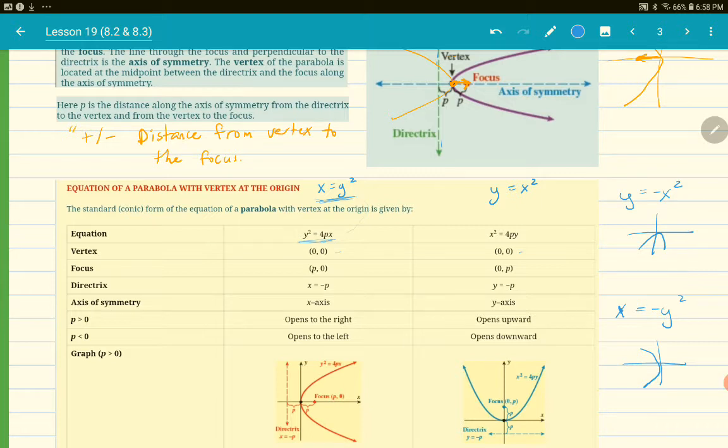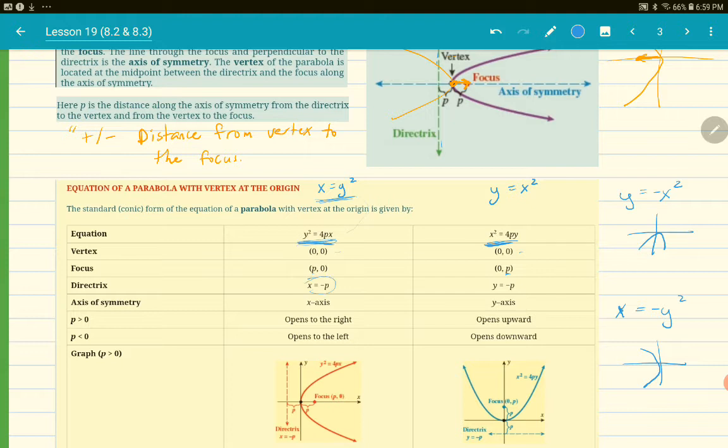So our focus is exactly p away from the origin. If your equation has a y squared, that means it's on its side, so our p is in the x direction. And if it's opening up or down, then it's x squared equals 4py, so the p is in the y direction.